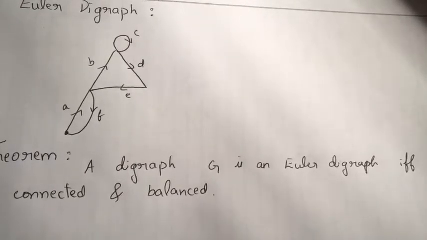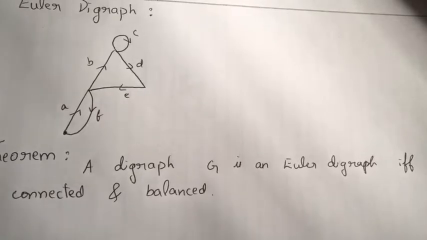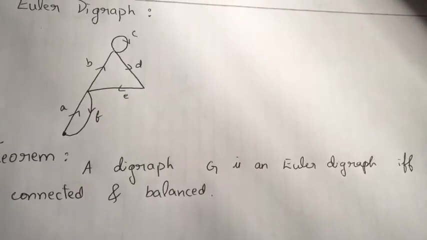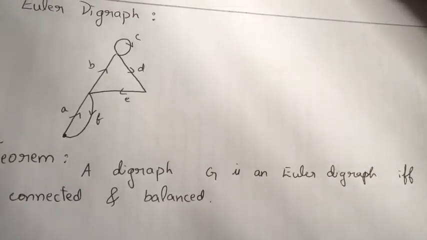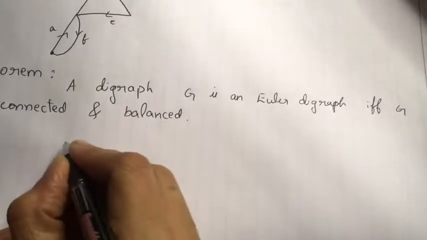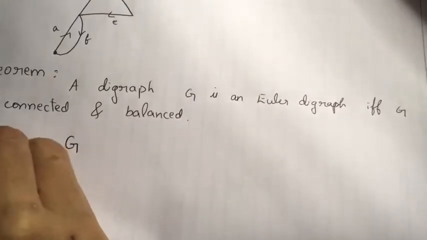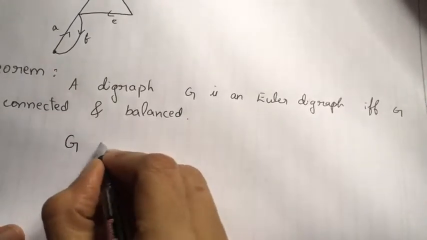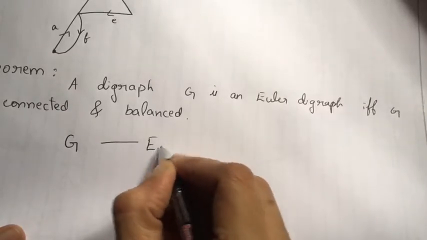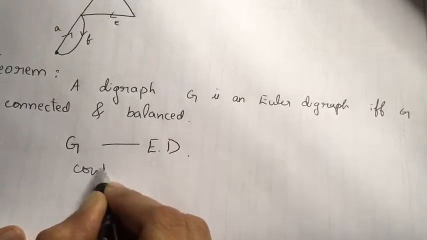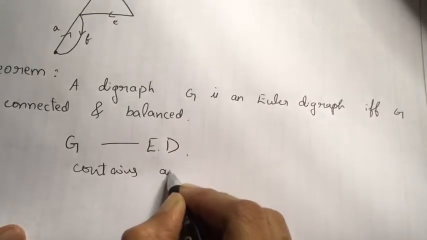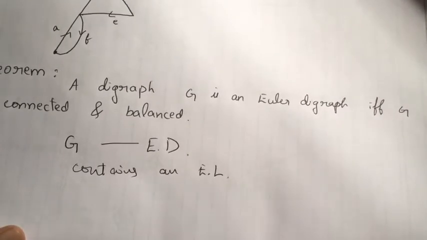It's quite easy. I'll take up the first part. I'll assume that G is an Euler digraph. When I say it's an Euler digraph, then G contains an Euler line.